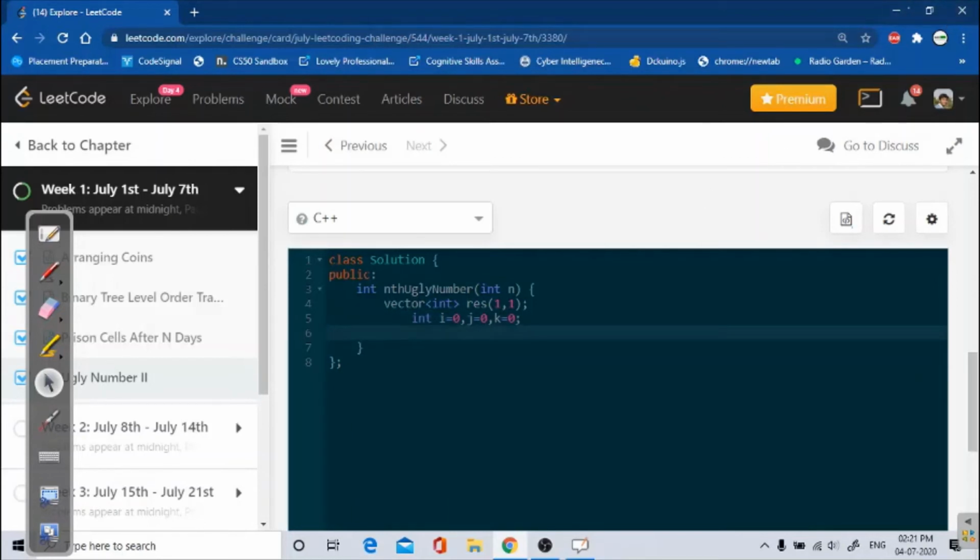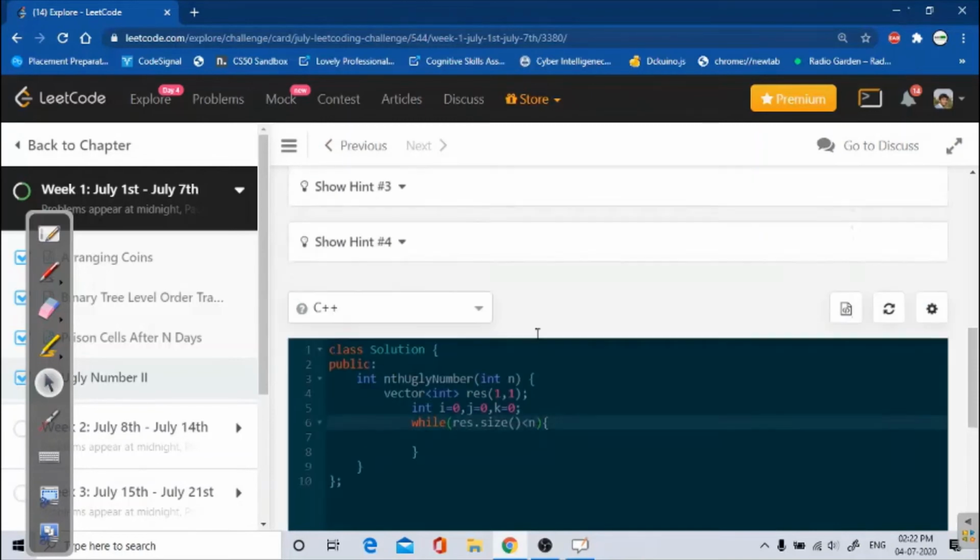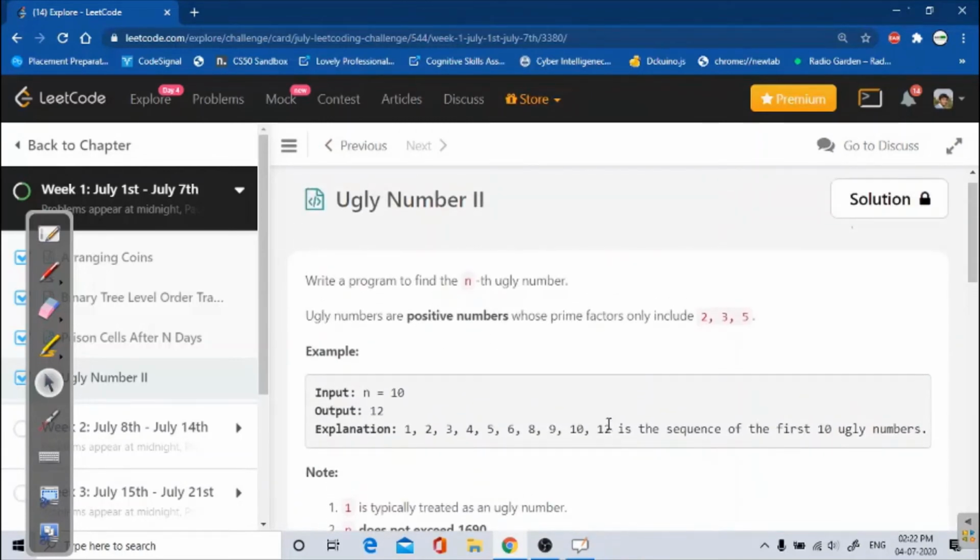So in result they are pointing to 1. Because my array index starts from 0, I have to run until result.size is less than n, not less than or equal to n, because our index starts from 0 and we have to find the nth ugly number, that is the 10th ugly number, here 12.